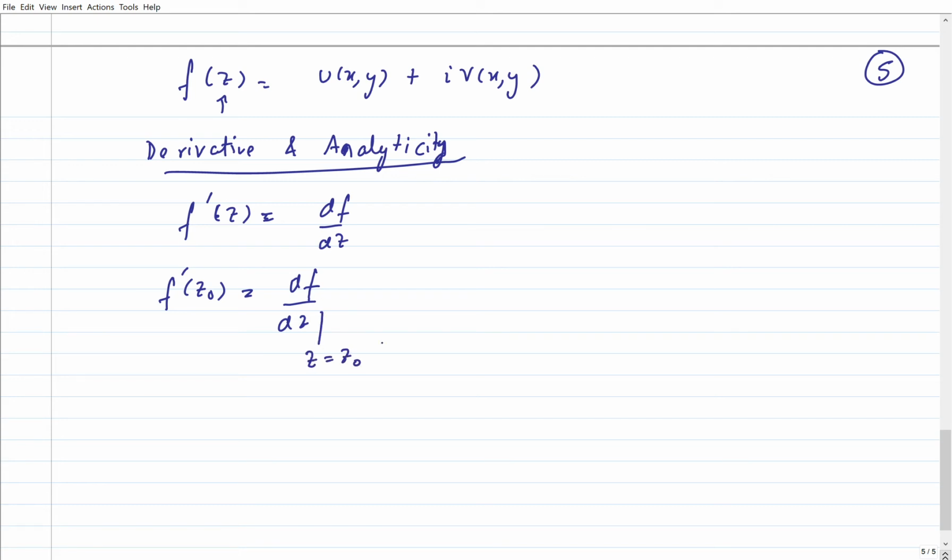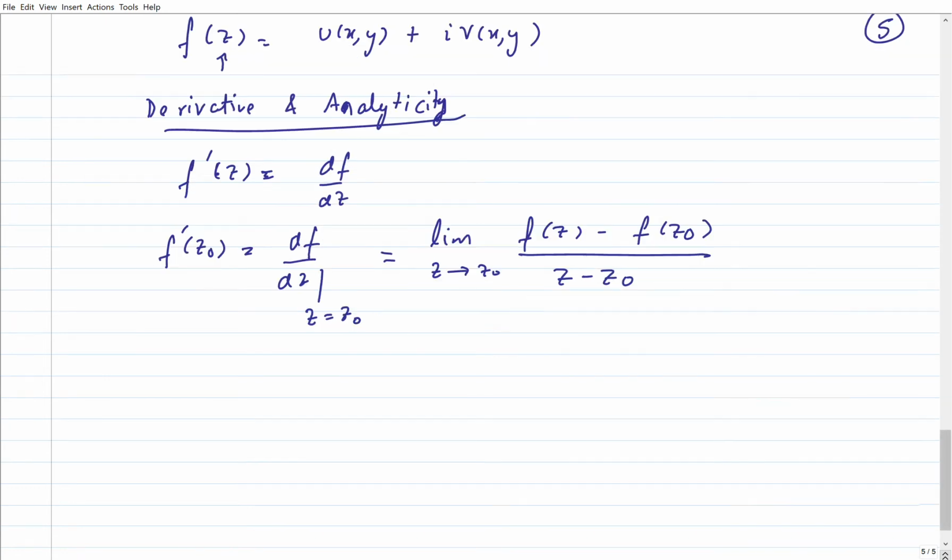From first principles, I know that it is defined as the limit z goes to z0, f(z) minus f(z0) divided by z minus z0. That's how I usually denote the limit.